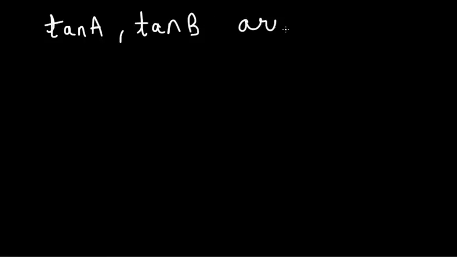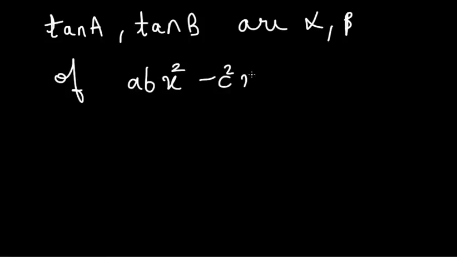We are given that tangent of A and tangent of B are two roots. Let's call these alpha and beta instead of two roots, so it's easier to write. Alpha and beta are two roots of this equation, which is ab x squared minus c squared x plus ab is equal to 0.